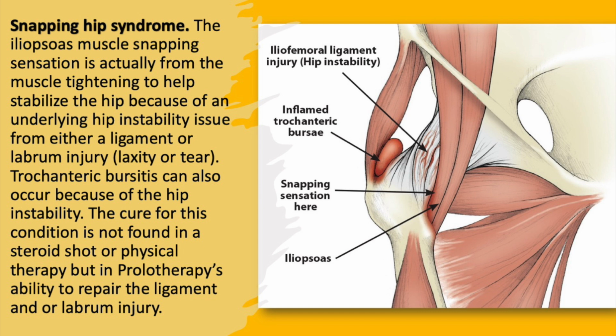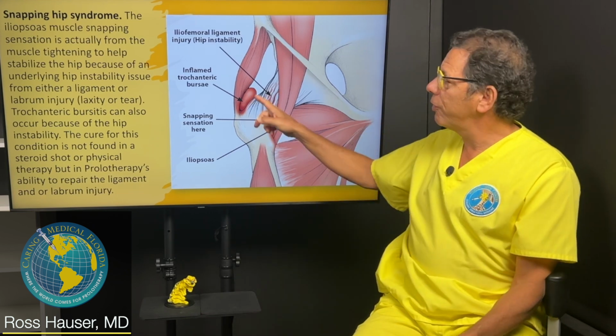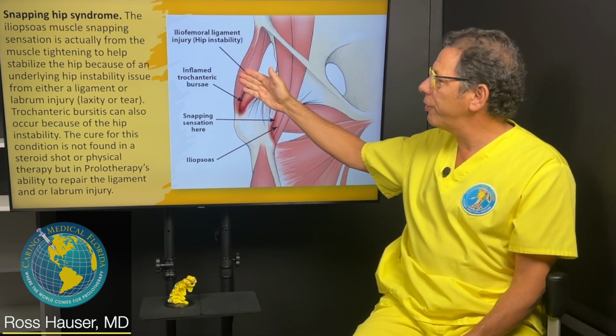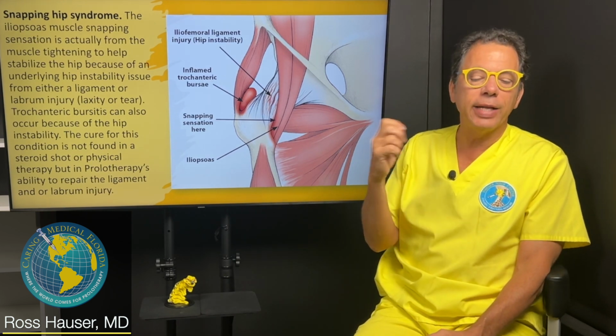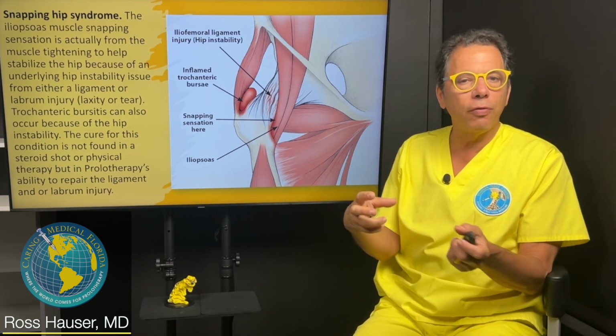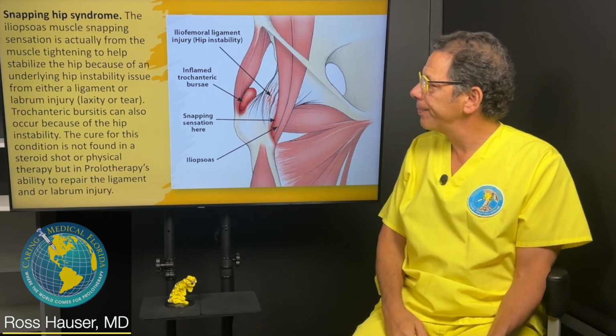It's like in a car, you have oil. What's the oil there for? The friction between the metal surfaces is much, much less with the oil, so they can glide. So that's kind of what the bursa does. It lets this glide over the bone here, and then it gets inflamed or there's more fluid in it when the hip joint is unstable.